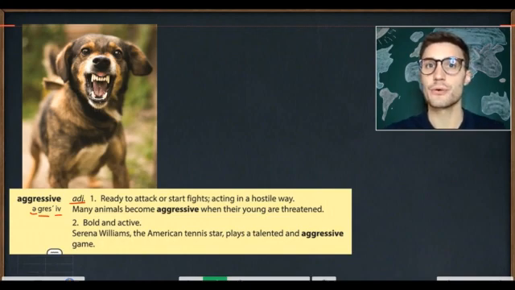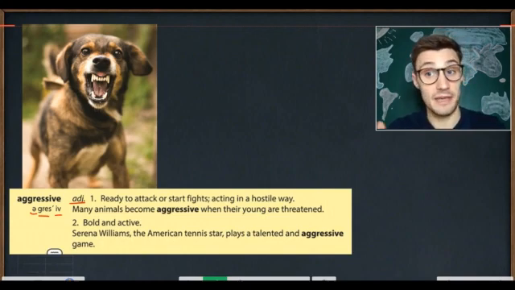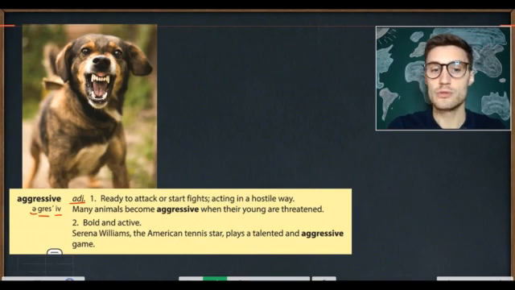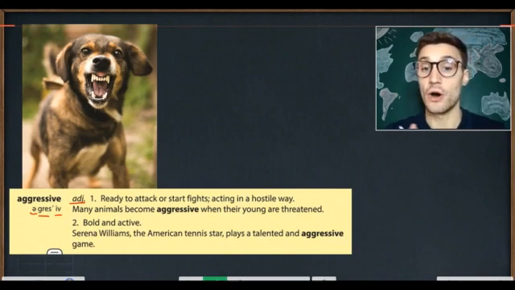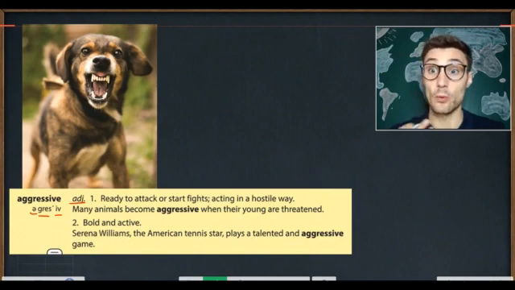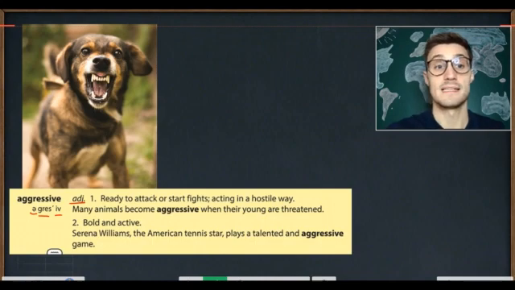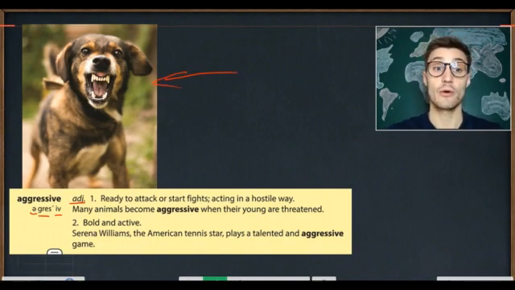First, we use aggressive to describe something or someone who is ready to attack or start a fight, acting in a hostile way. Many animals become aggressive when their young are threatened. So some birds will become aggressive if you get too close to their nests. See, this dog looks very aggressive.